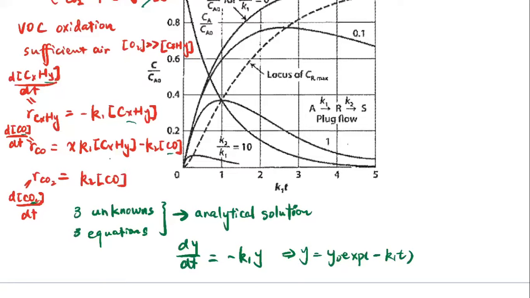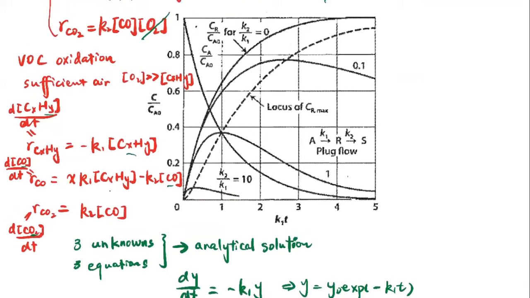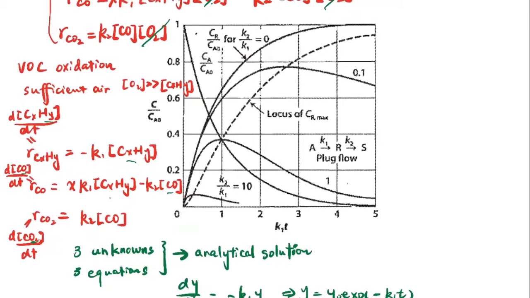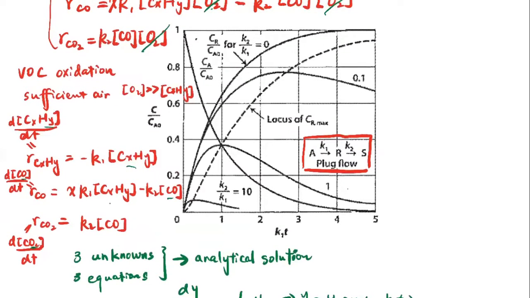This is very similar to the problem shown in this graph. In this graph, it's dealing with a reaction of A being converted into R, and then R being converted into S. You can think of A as the hydrocarbon, R as the carbon monoxide, and S as the carbon dioxide.